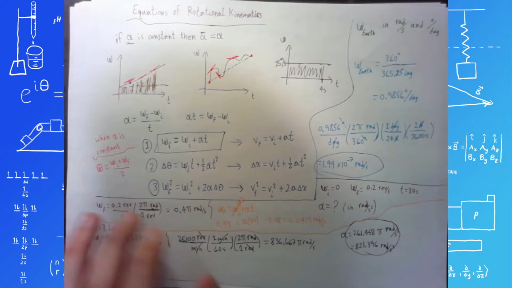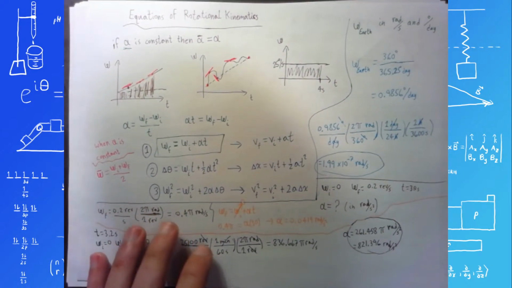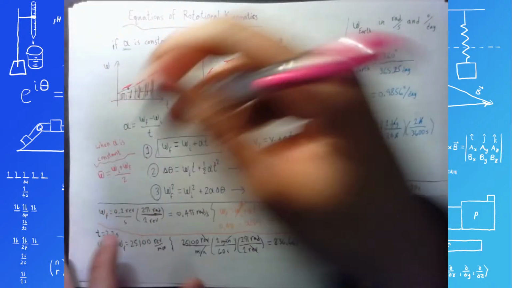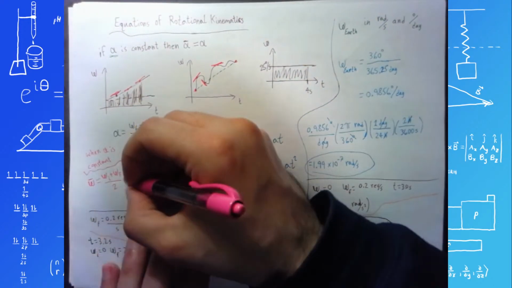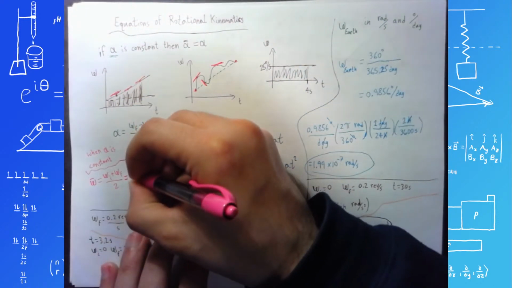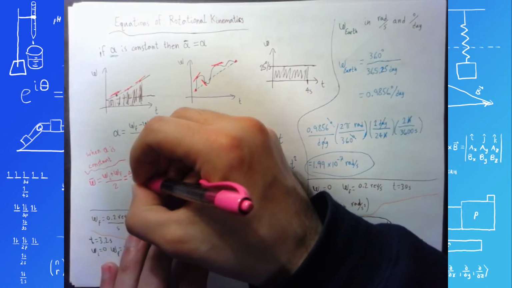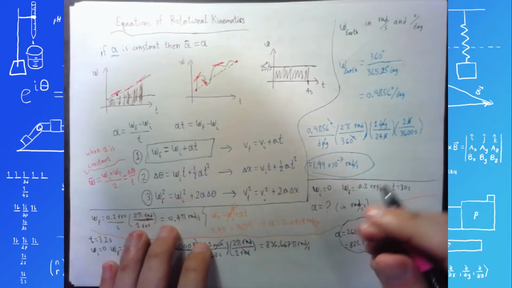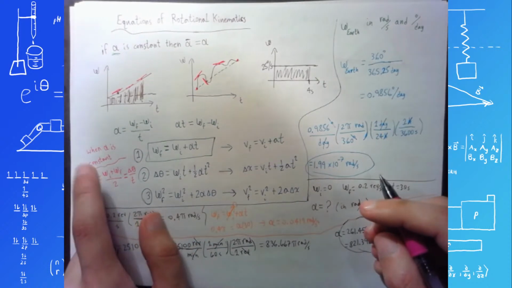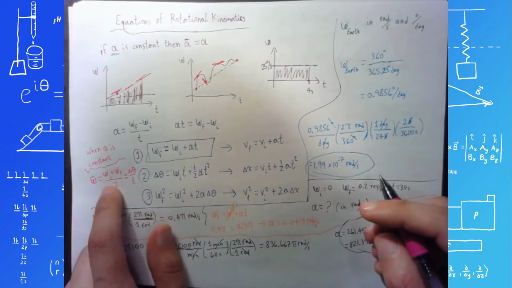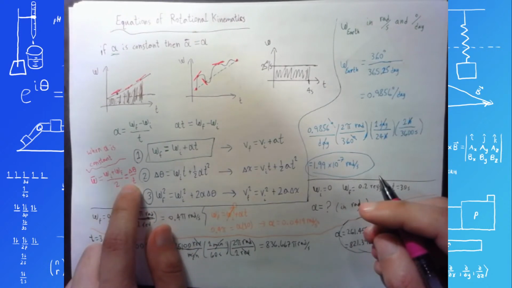I can say that my total angular displacement is equal to omega initial plus omega final over 2 times time.